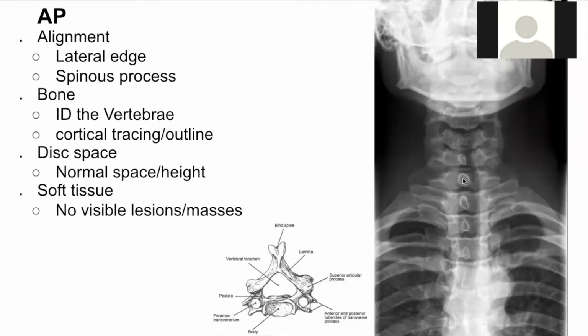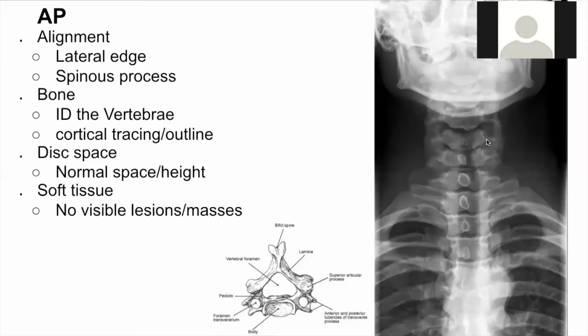Versus C7, the transverse process is pointing inferiorly, and there's no rib. So 7, 6, 5, 4, 3, 2. That's 2 here. Do you see? That's the atlas, and then the axis is right here.